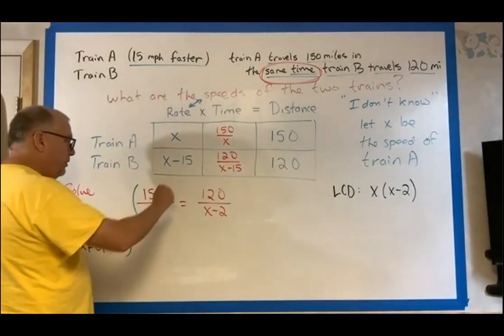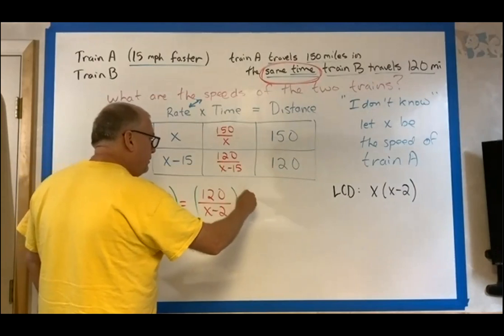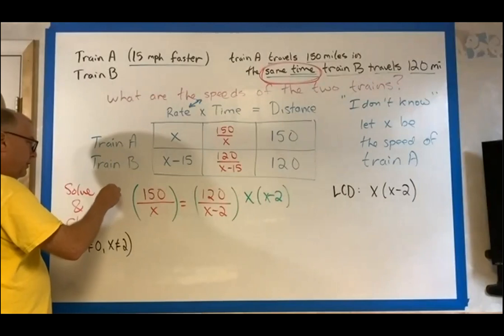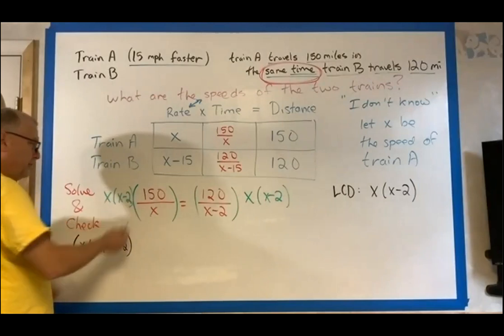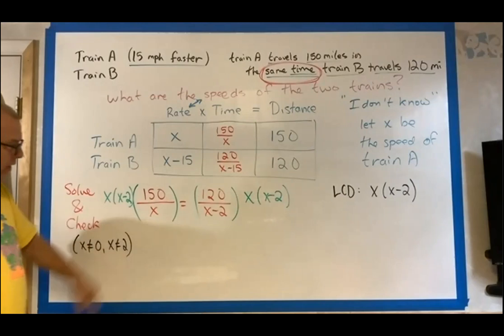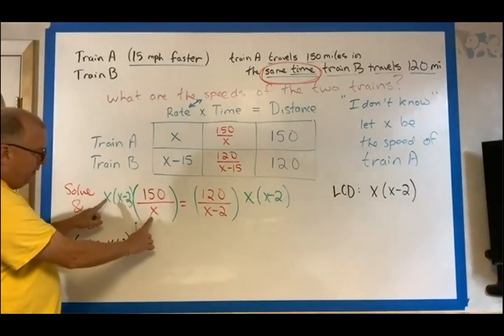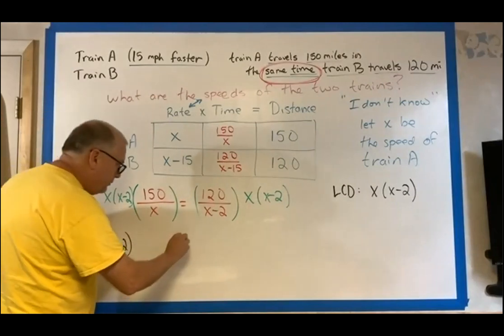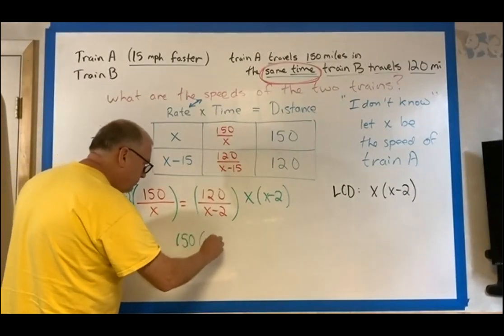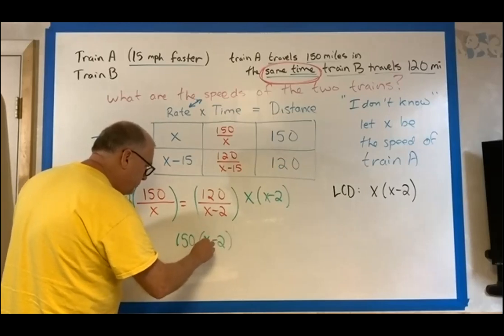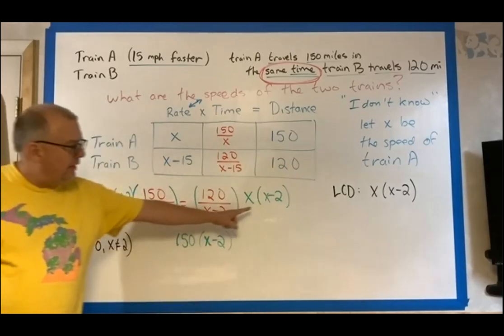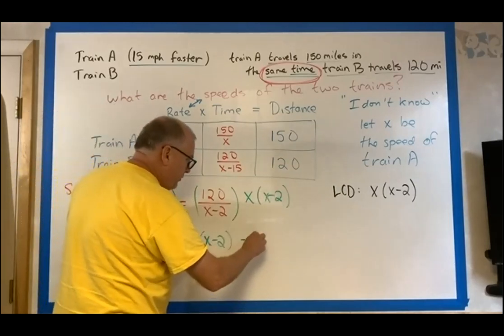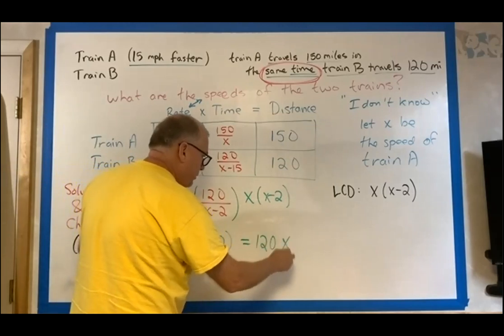Okay, let's try green. Although I admit it's a little crowded right here. On this side, I cancel out the X's, and I have 150 times X minus 2. On the right side, I cancel out the X minus 2's, and I have 120 times X.